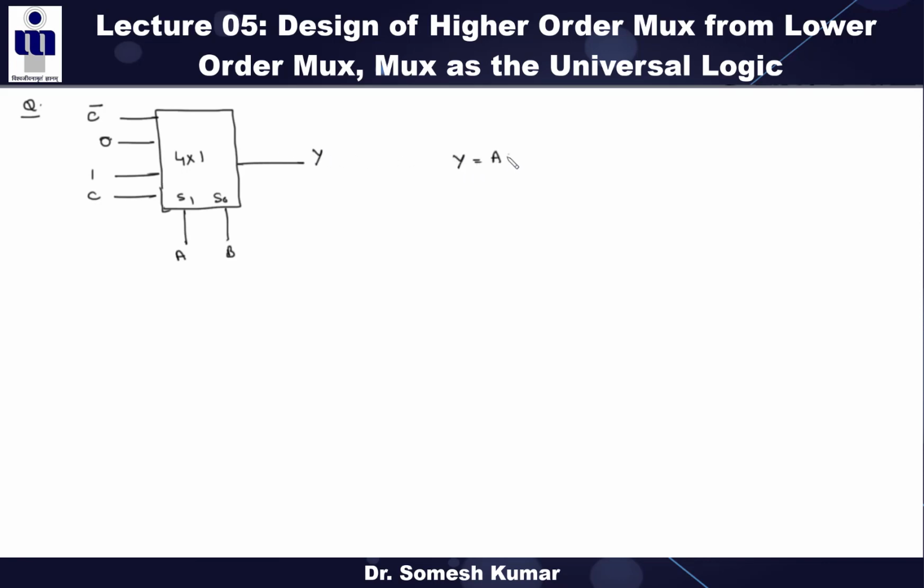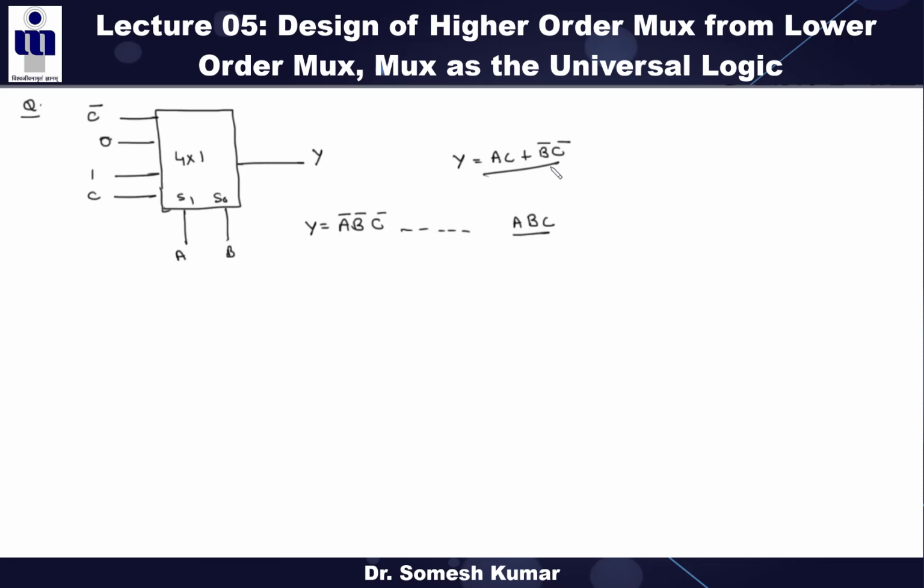Answer of this question should be AC plus B bar C. Right? Directly you can write this first Y, the expression for the A bar, B bar into I naught. Here the I naught is C bar and so on, and in the last term A, B, C. Right? Then further you can solve after minimization. This is your output of this function.